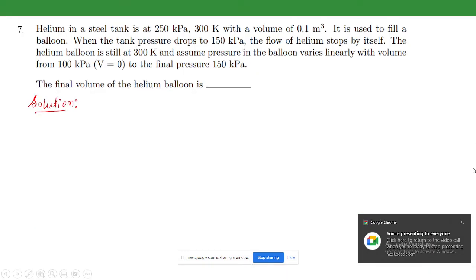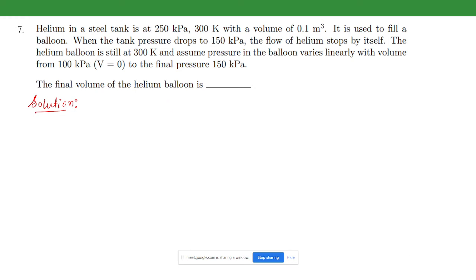Okay, so the next problem is helium in a steel tank. Helium in a steel tank is at 250 kilopascal, 300 Kelvin with a volume of 0.1 meter cube, and it is used to fill a balloon. Now, when the tank pressure drops to 150 kPa, the flow of helium stops by itself.